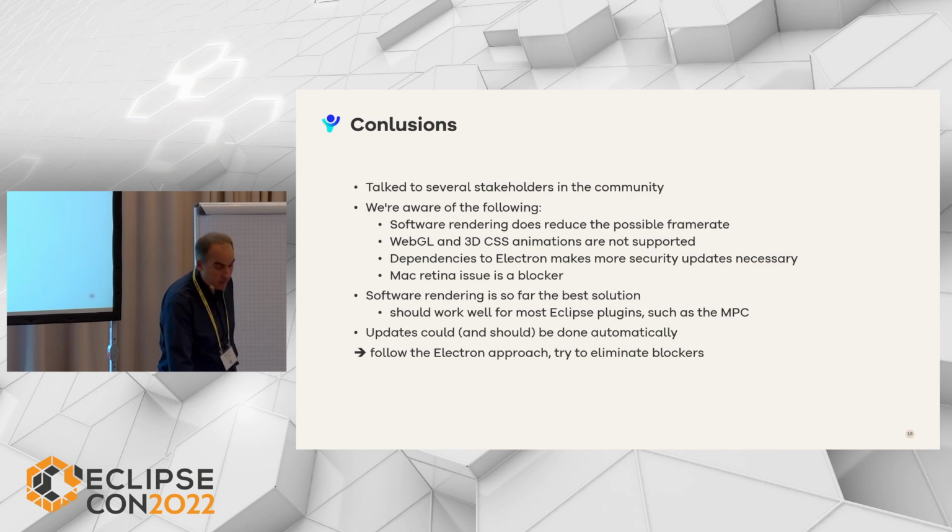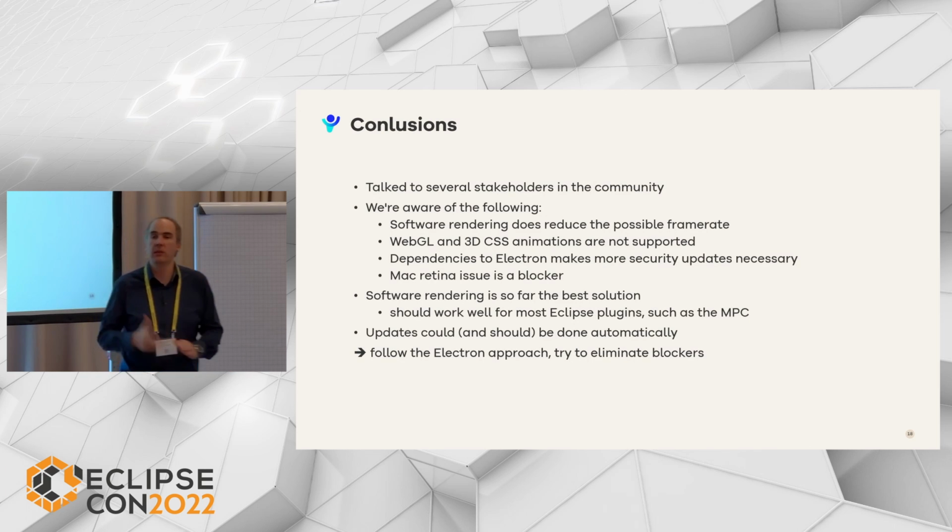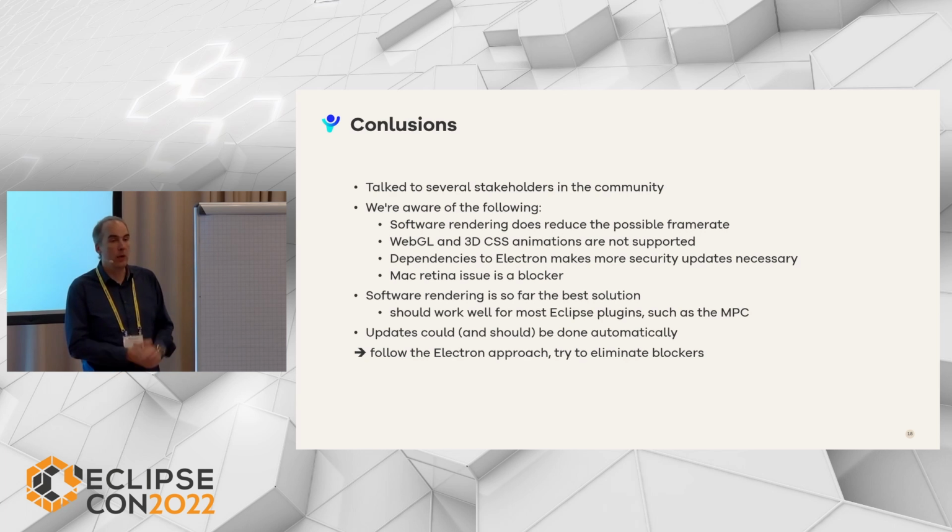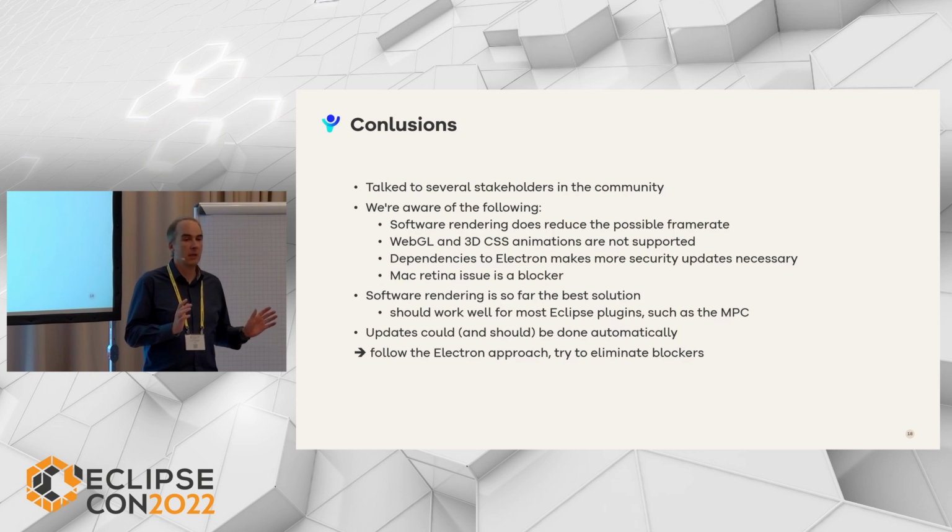So to conclude, we have seen those three approaches. We also discussed it with several stakeholders in the community, with the SWT team, with the team developing support for Mac, and so on. And we are aware that for this Electron-based approach there are some drawbacks, but for plugin development and for what we need inside Eclipse, it might be the best solution.